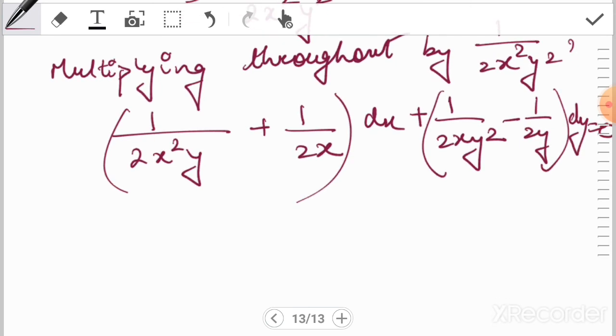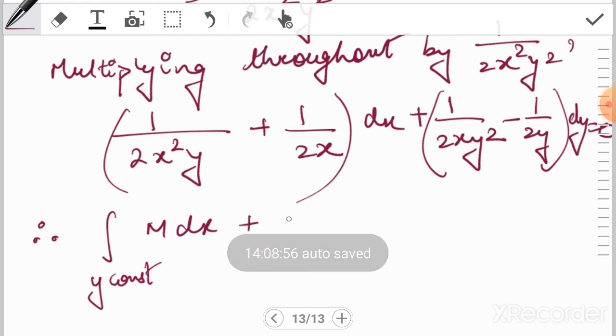So now this is an exact equation. Again here the solution will be the integral of M dx, taking y as constant, and the integral of the terms of N not containing x, with respect to y.